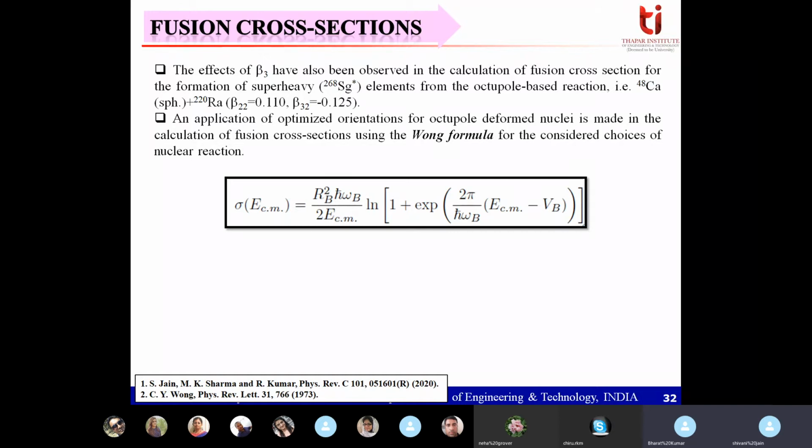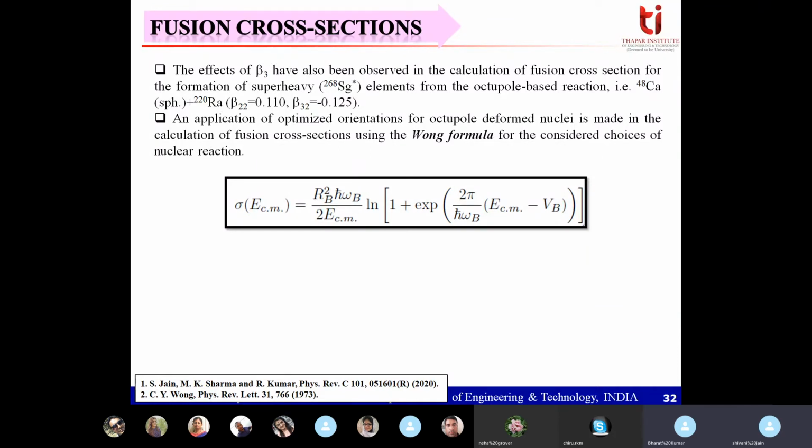I do not know how much difference there is between your proximity potential and the M3Y interaction. In Veer Vikram's paper, as far as I know, he has done the same type of calculation using the Wong formula, but for the interaction he has taken the M3Y interaction. But in your case, you are taking the proximity potential.